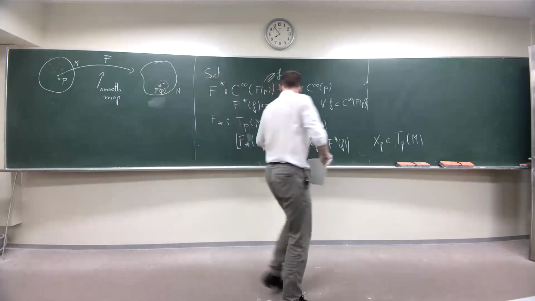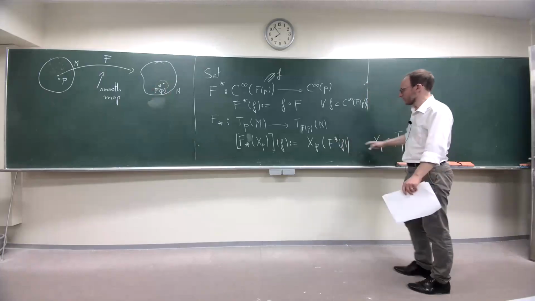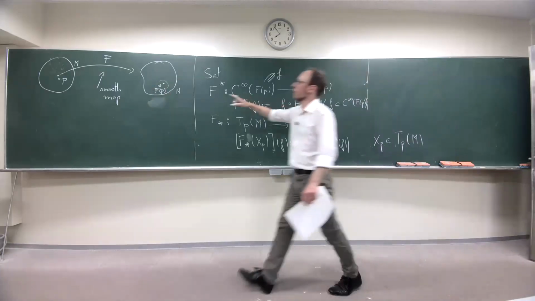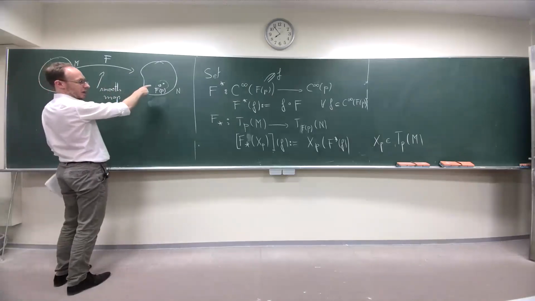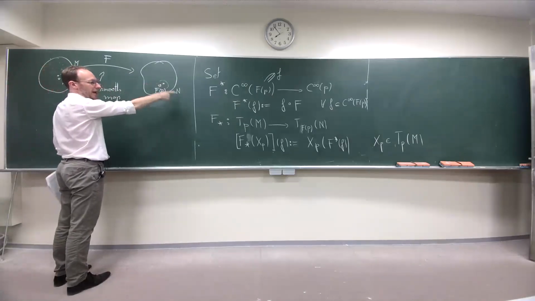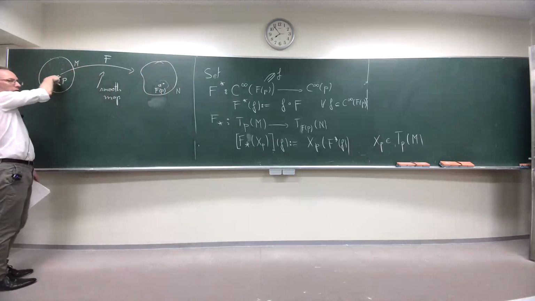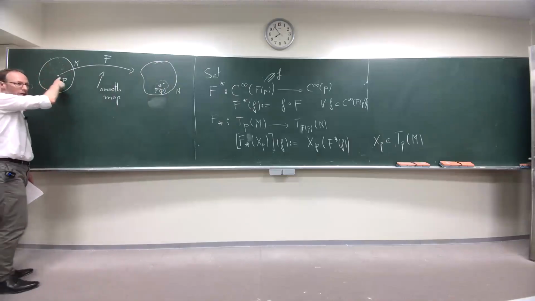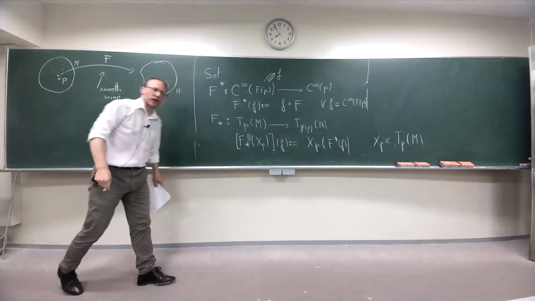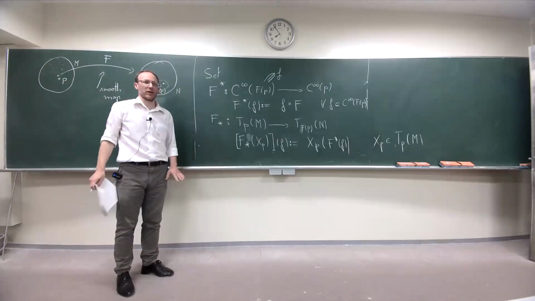Let's check that it has a meaning. The function was defined here. Then by F star, upper star, it becomes a function defined here. And now I can apply X_p. I get a number. So the right-hand side is well defined, and I give this as a definition for the left-hand side.